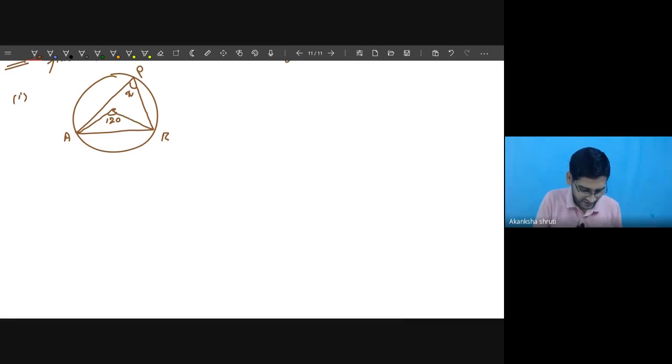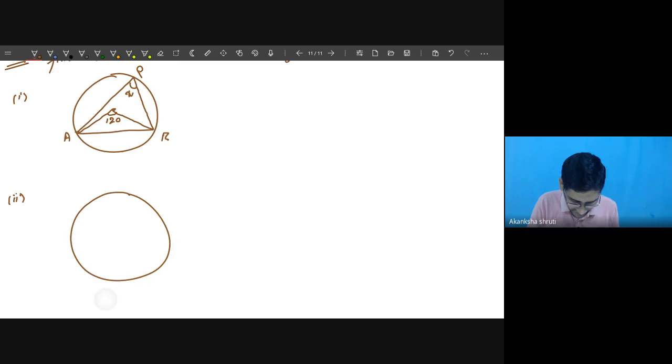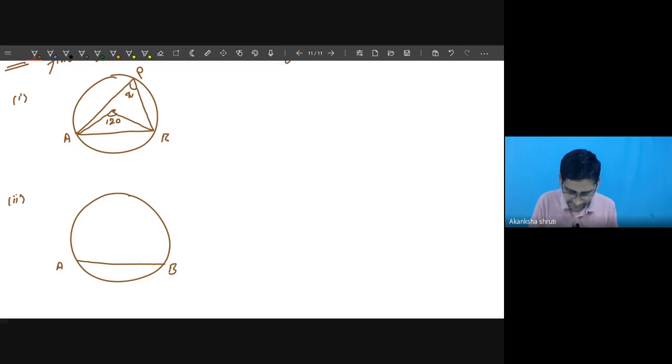This we will learn. In the second, we will learn for A and B, the center O. At this time, this angle is given.